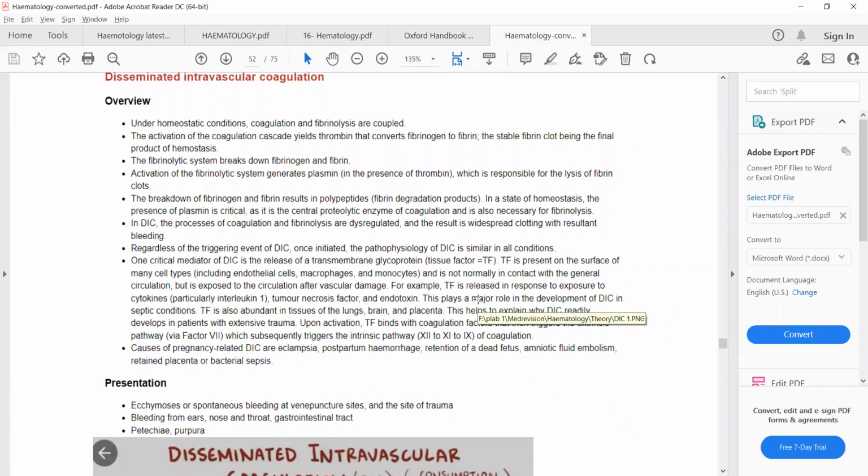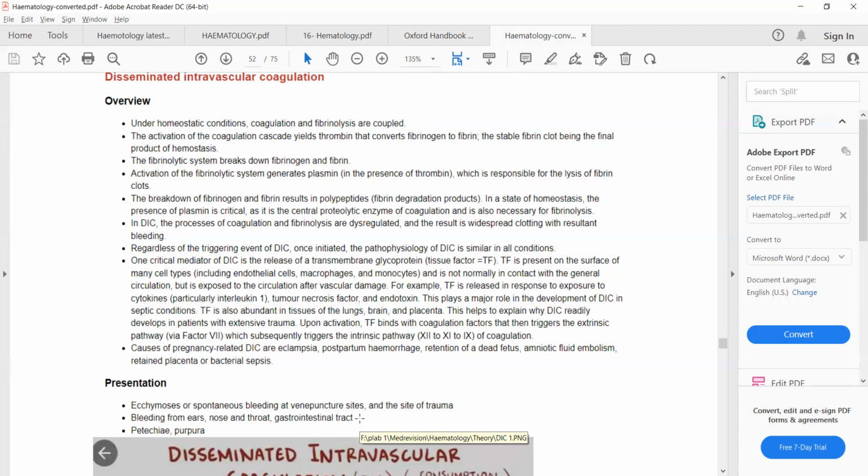What will be the presentation of disseminated intravascular coagulation? Bleeding at the venipuncture site. Whenever someone tries to establish an IV line in a patient with DIC, there will be bleeding at the venipuncture site. Also, there will be ecchymosis or spontaneous bleeding at the site of minor trauma, bleeding from ear, nose, and throat, gastrointestinal tract, petechiae, and purpura.